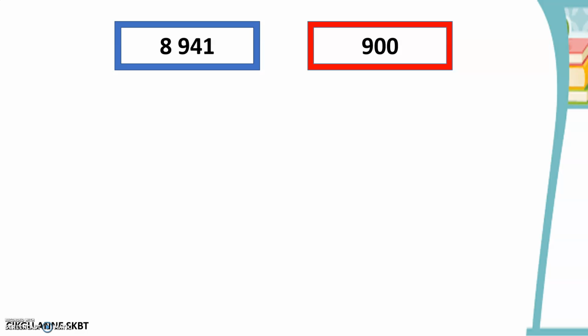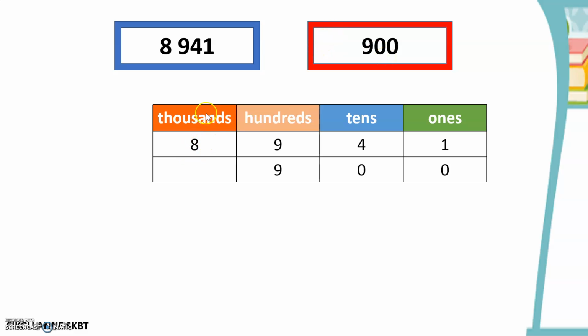Okay, here is another example. 8,941. Here is 900. If we compare these two numbers, of course, here is 1000. So, this one is larger than this one. So, we will separate the digits according to the place value.